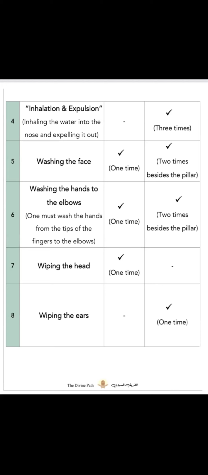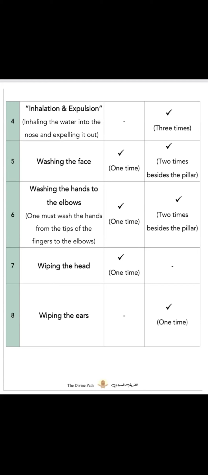besides the first one, which is the fard, the pillar, the obligation. Step number 6, washing the hands to the elbows. One must wash the hands from the tips of the fingers to the elbows. This is obligatory 1 time and recommended 2 times besides the pillar. Step number 7, wiping the head.